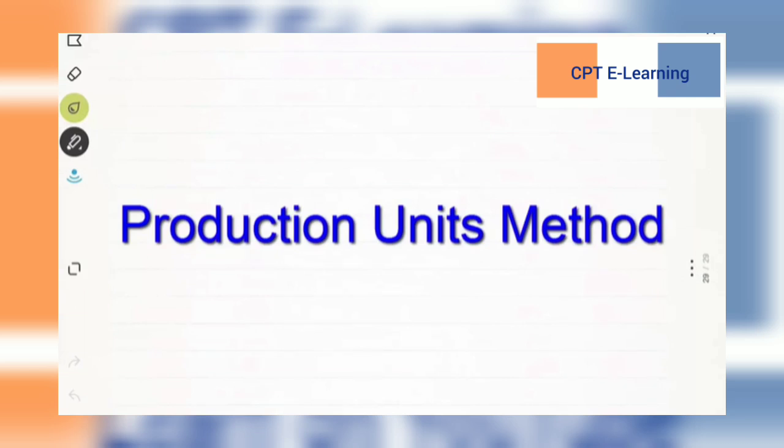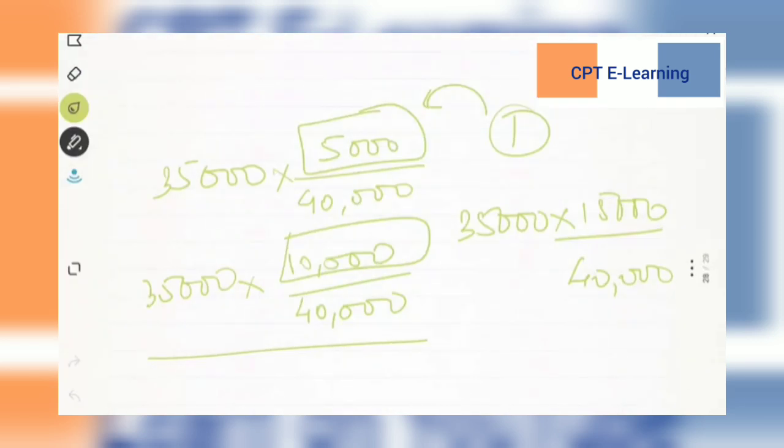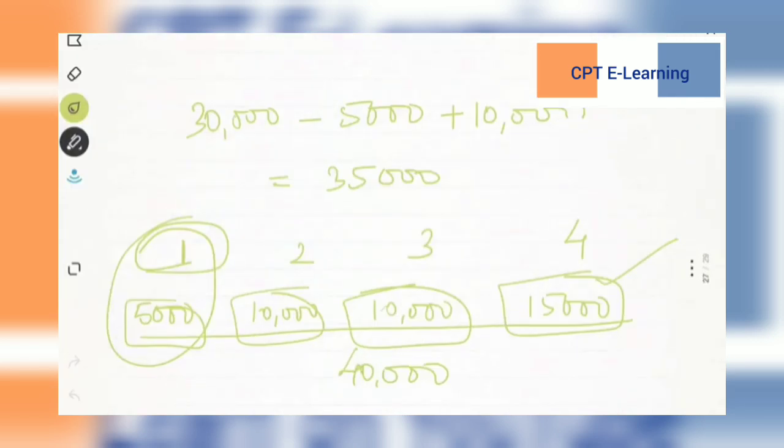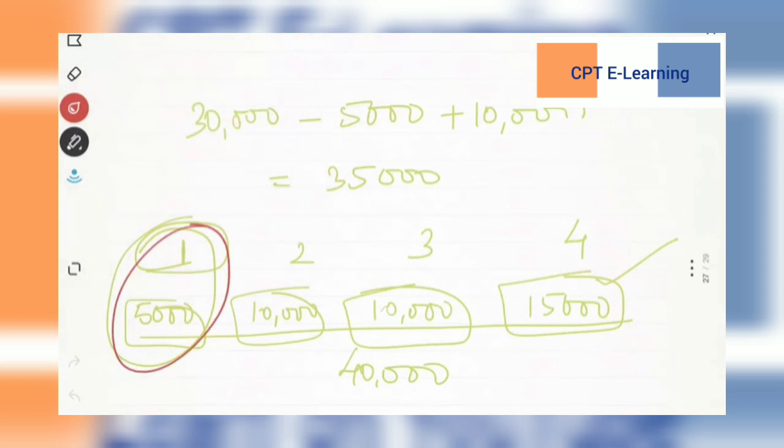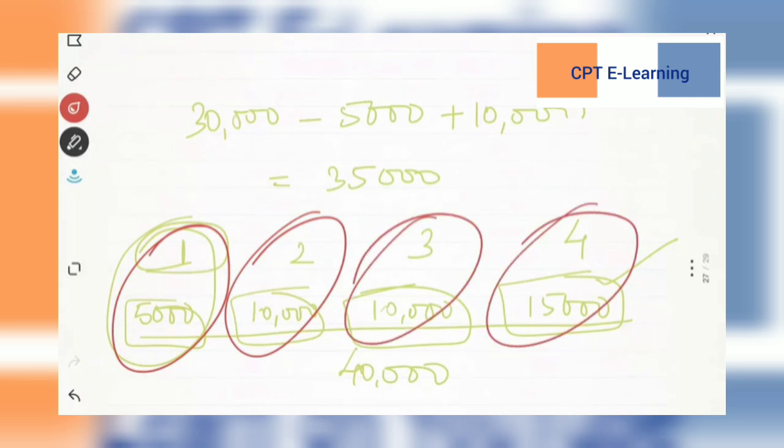There is practically no change, except in the previous one we had hours, and if we substitute the hours with units, suppose I said in the first year we'll be making 5,000 units, in the second year 10,000 units, 10,000 units, 15,000 units.